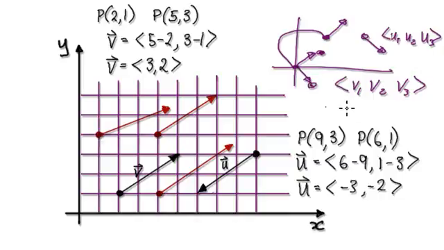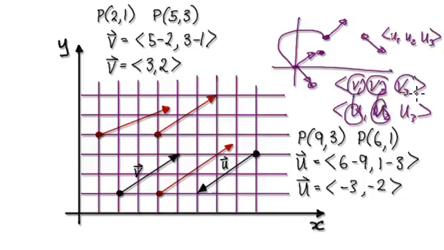Looking at this point, it would be u1, u2, u3, and then compare these. All three components must match up exactly in order for you to say that this vector is equal to this vector.